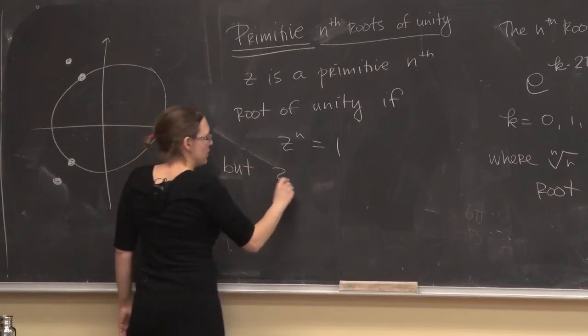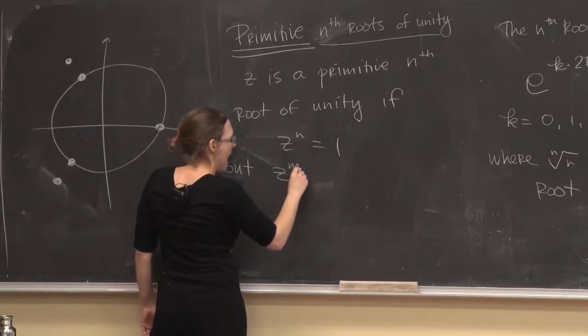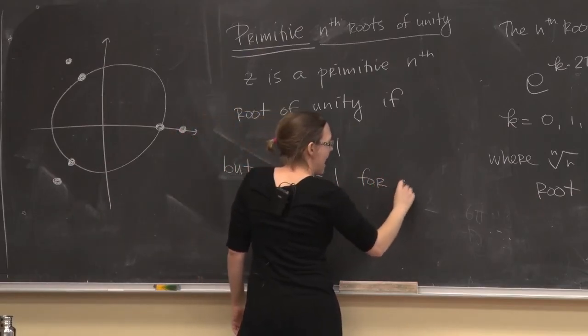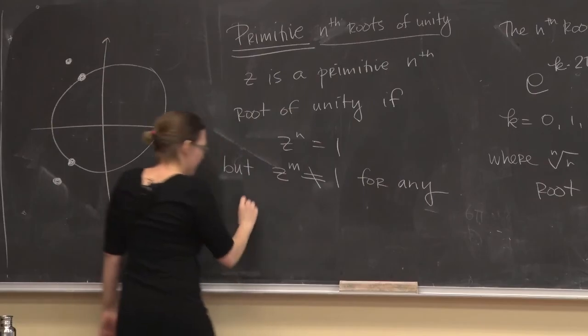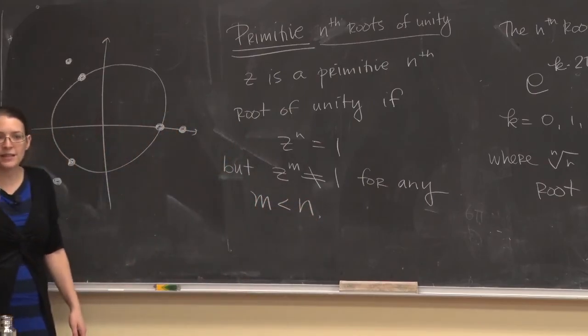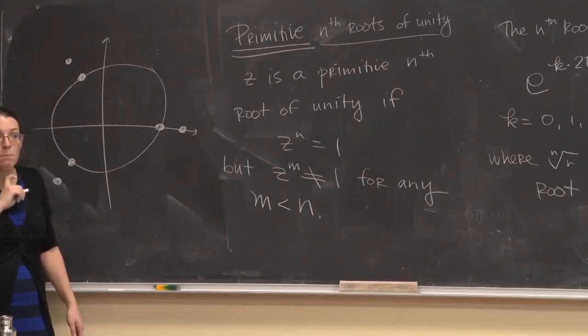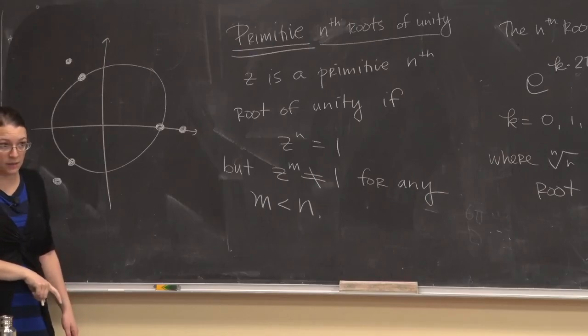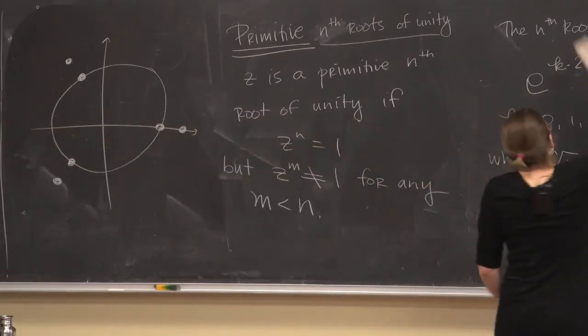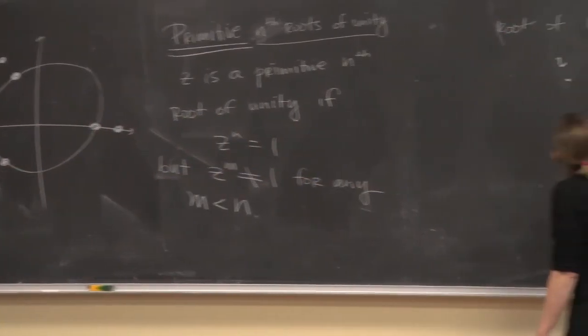But z to the m is not equal to 1 for any m smaller than n. It's not a root of unity before that. So I'll give 1 or 2 examples.